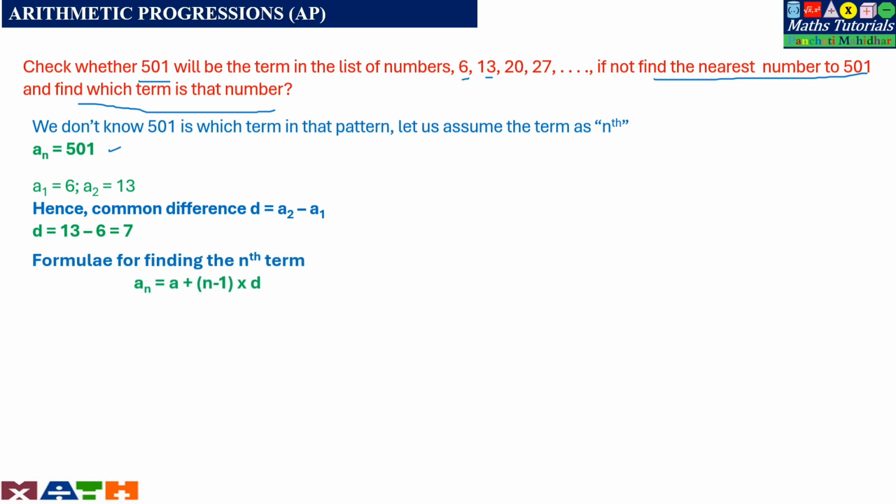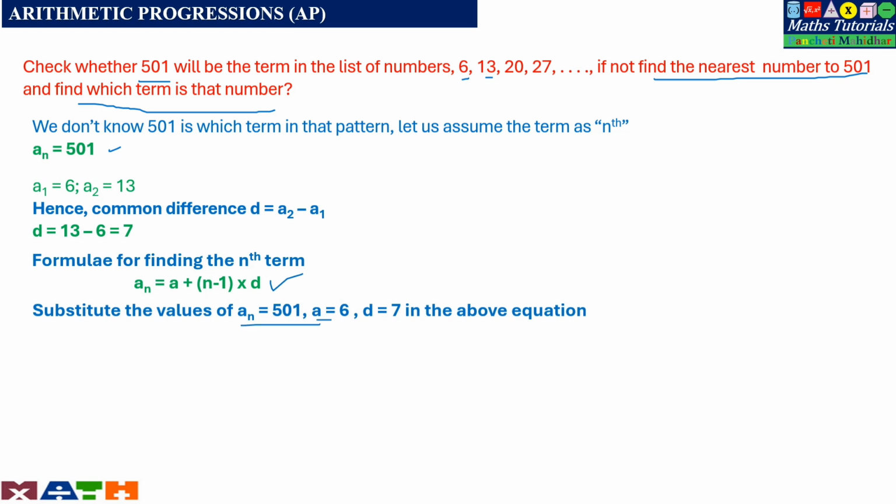The formula for finding the nth term is An is equal to A plus n minus 1 into D. Substitute the values. An is equal to 501, A is equal to 6, D is equal to 7. N we don't know, we have to find it out. 6 we are shifting to the left hand side. 501 minus 6 is equal to n minus 1 into 7.